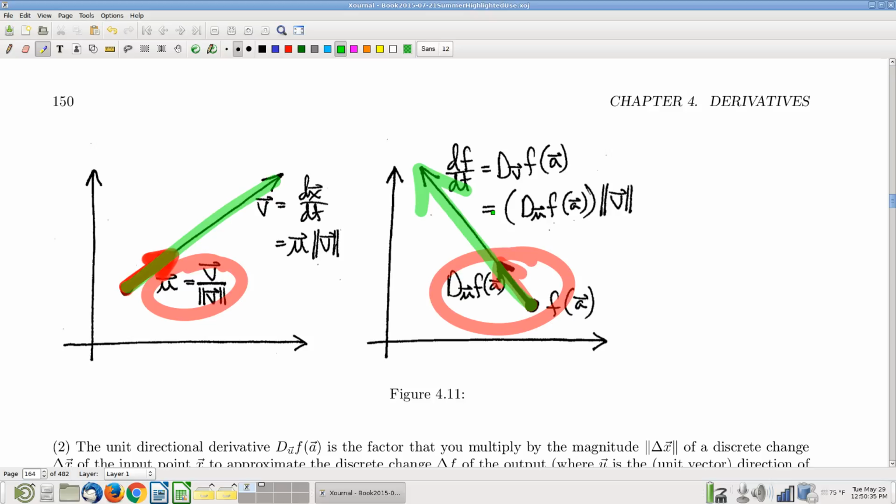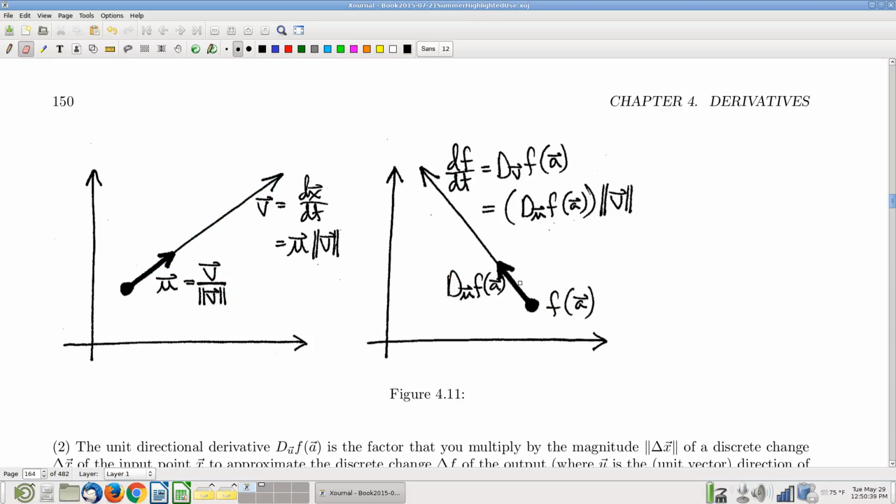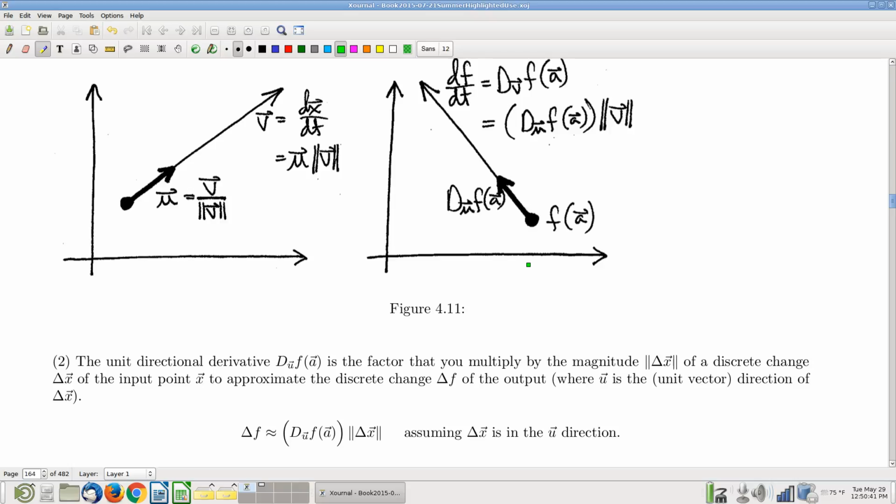Okay. Here's a different way to think about it. I'm going to come back down to this equation we were just looking at. Thinking of this as a factor that you multiply by an input distance, right? Magnitude of displacement, so distance. Something you multiply by input distance to get an output change. Well, it almost leaps off the page.